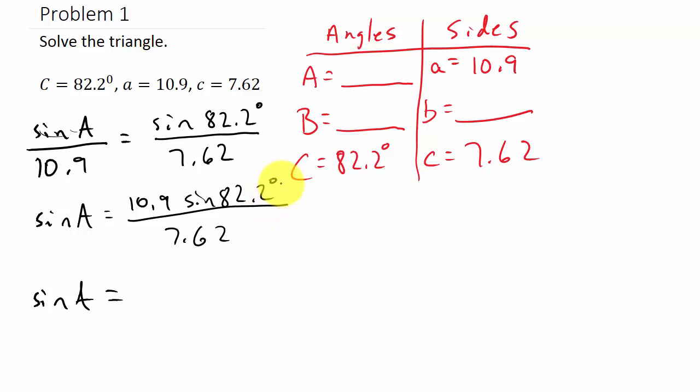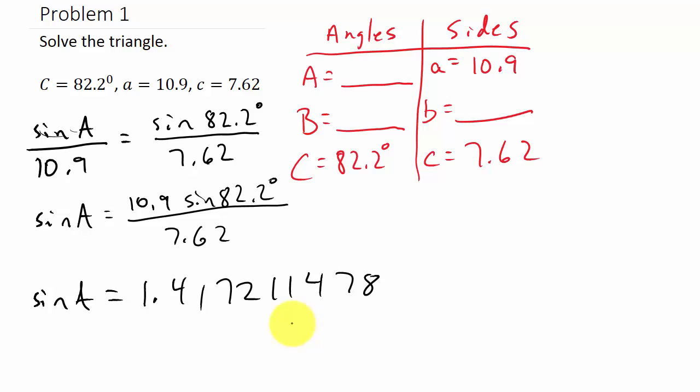Make sure that your calculator is in degrees and not radians. Alright, so I punched it into my calculator and I get sine A is equal to 1.417211478. I would encourage you to write out all the decimal places, so your answers will be more accurate.